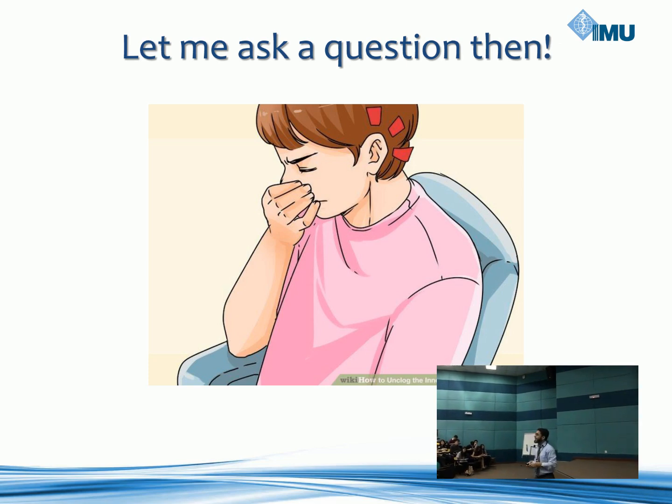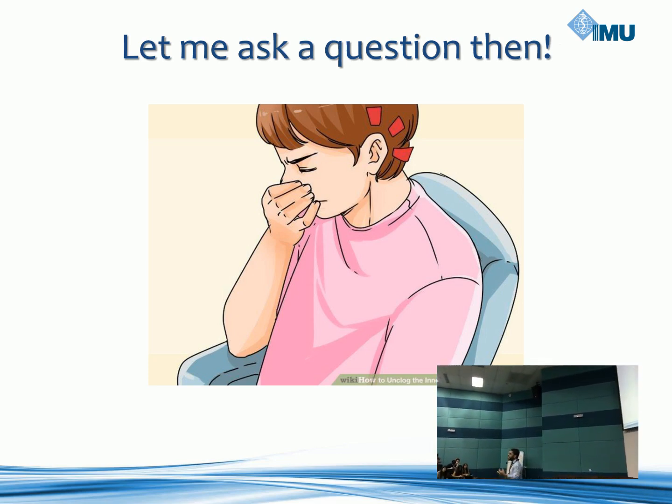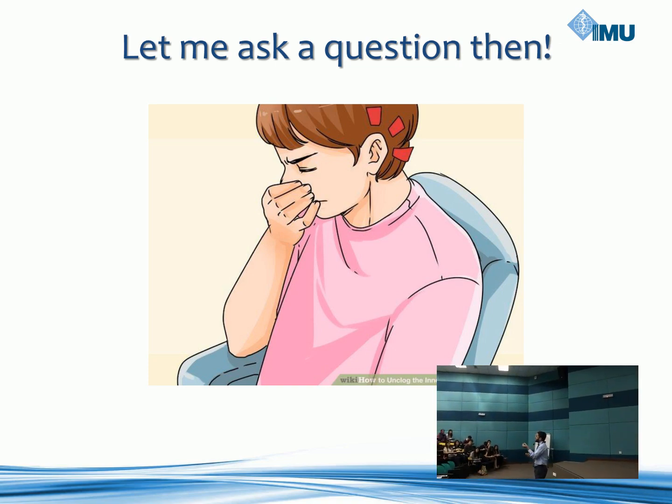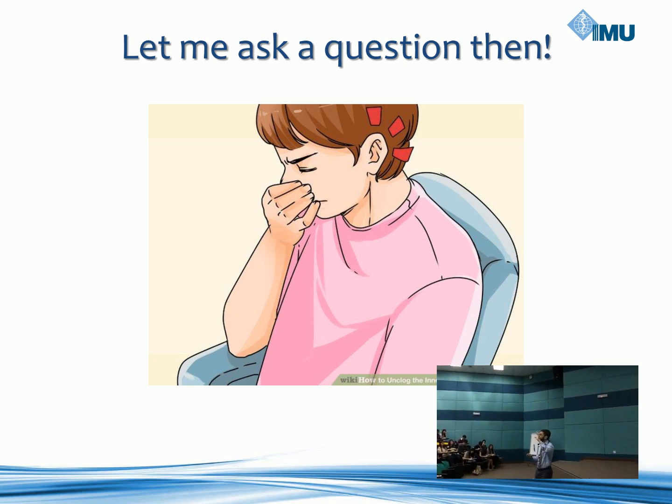And actually, for small children, what we usually say is to keep swallowing or chew gum, so that when you swallow, your eustachian tube opens and allows the pressure to equalize.